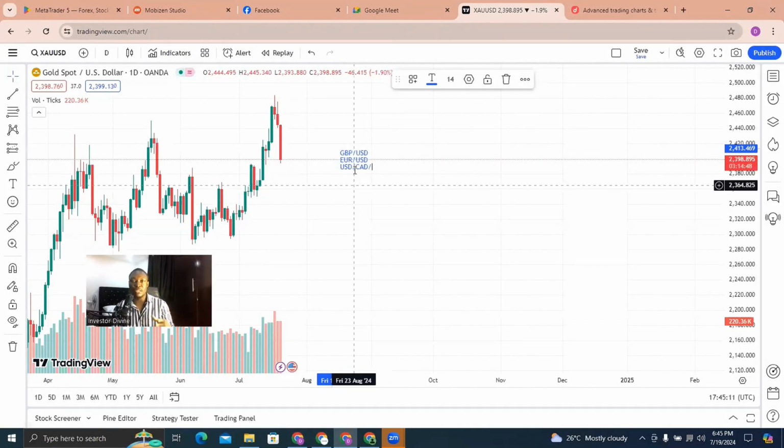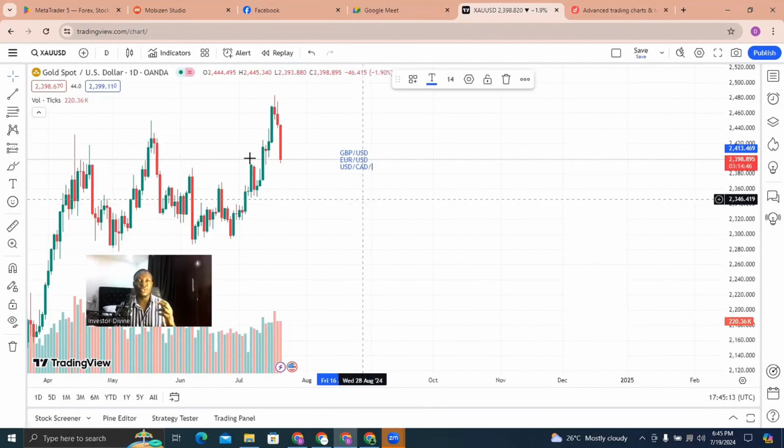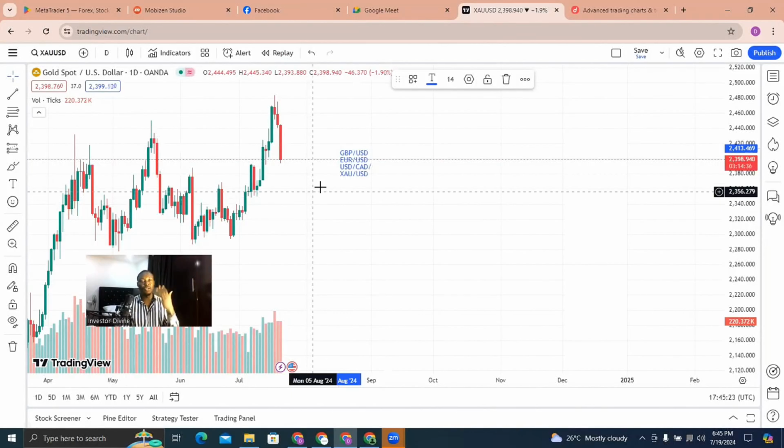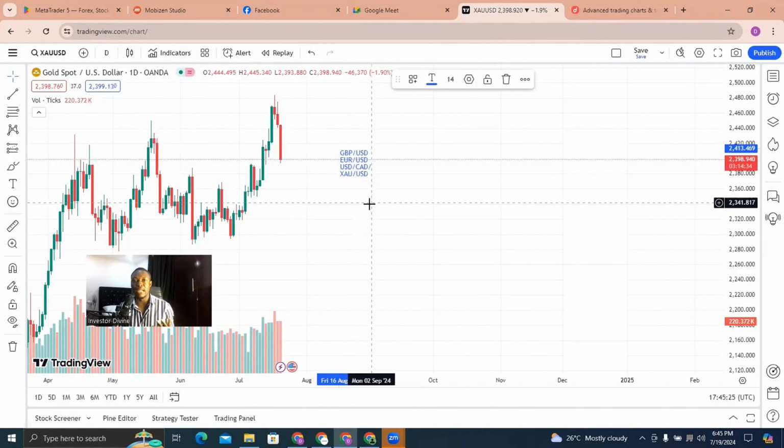These major pairs are what I trade. I also trade gold, so I'll put it XAU/USD. These are the major currency pairs that I trade.